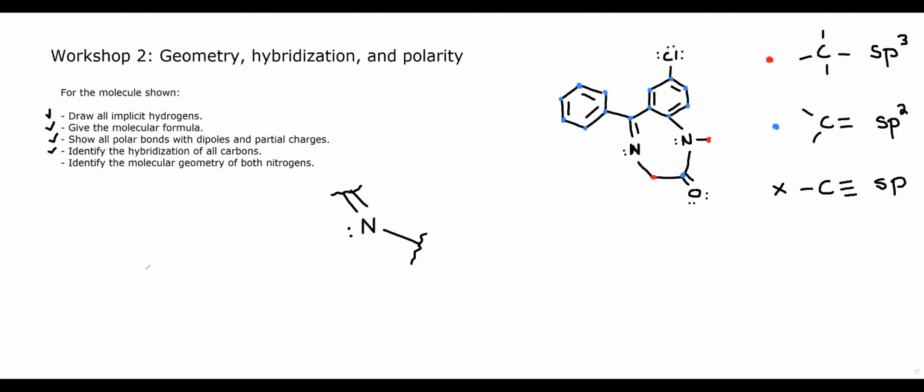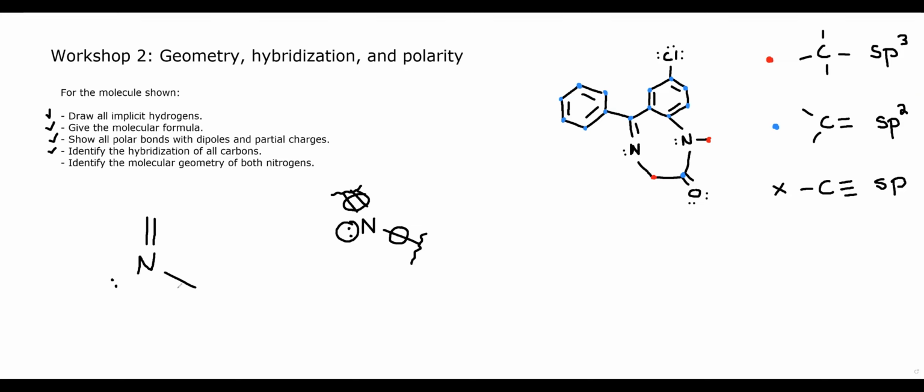So let's draw it out. We have a nitrogen connected to how many things? That's always the first thing I like to think about, is how many things are we connected to? Well, we have a lone pair, we have a single bond, and we have a double bond. So I'm going to spread those 3 things out evenly around this nitrogen.